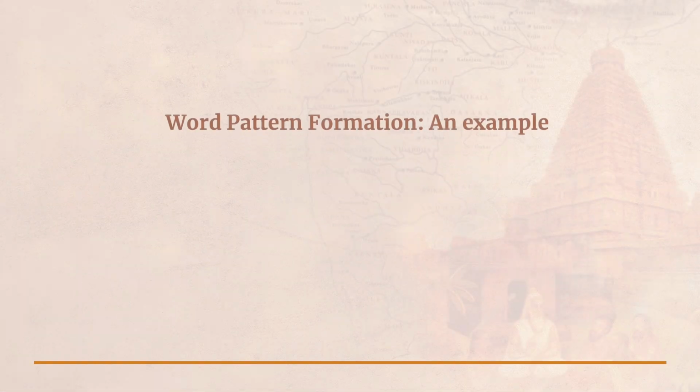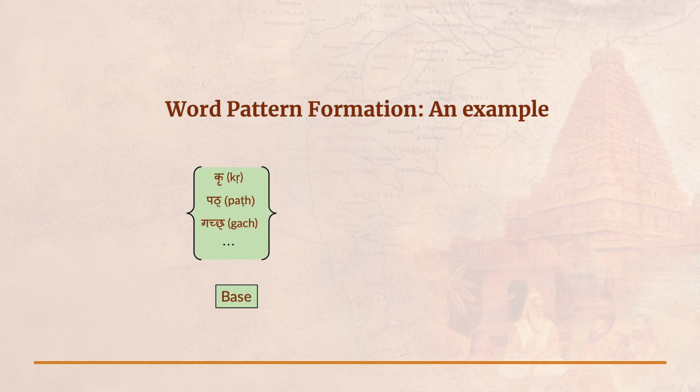What you see here, the kr, pat and gach which I used just now, is called a base. In Sanskrit, if you have to make a word, you have to start with the base, some substratum. Then you add tu, which is called a suffix.